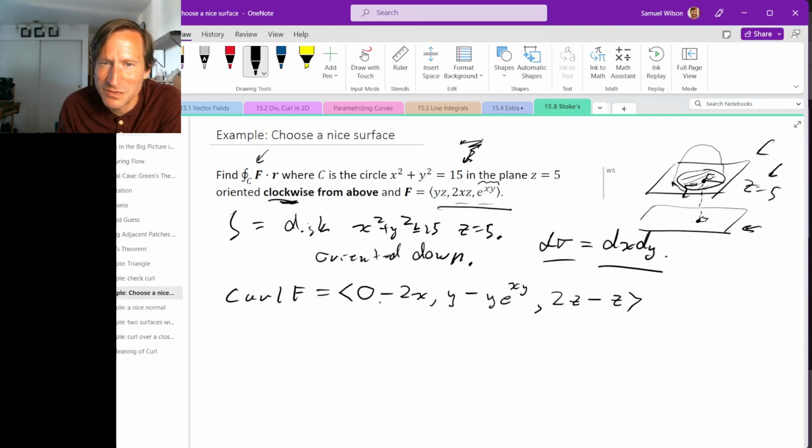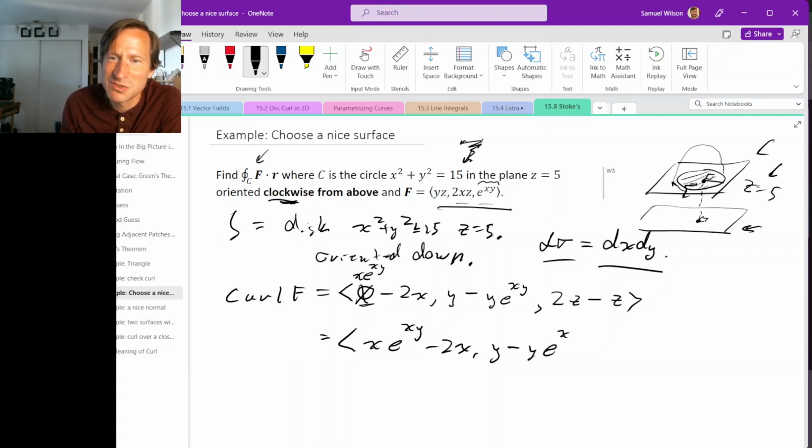This should be the derivative of p with respect to y. So that's not 0. That's x e to the xy. So things are looking maybe not great at first, right? x e to the xy minus 2x, comma, y minus y e to the xy, comma, z.